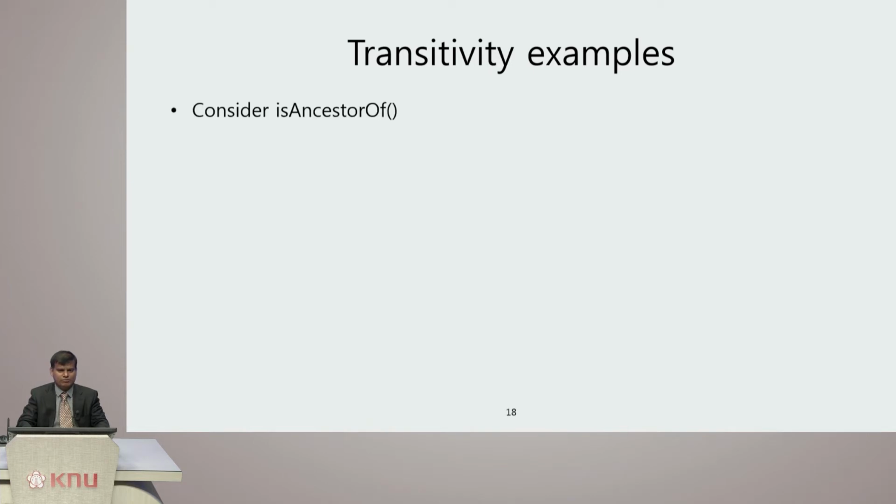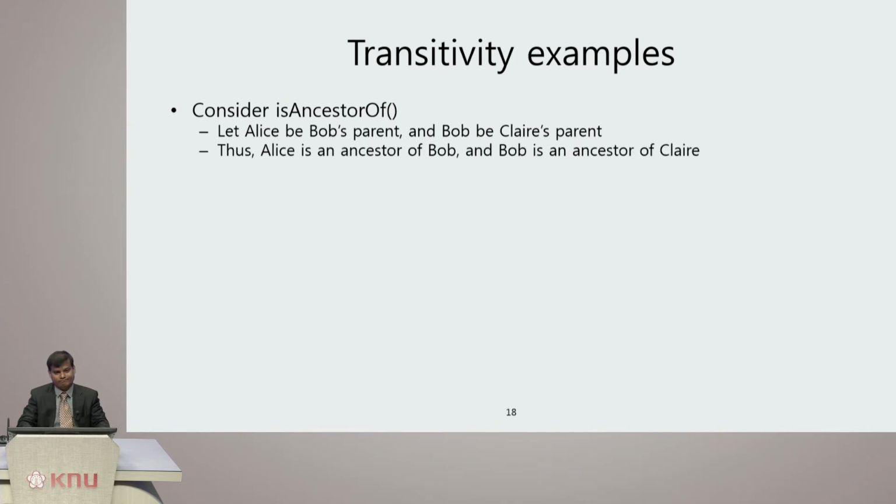Let's see this example here. Consider the is-ancestor-of function, and let Alice be Bob's parent and Bob be Claire's parent. Thus Alice is an ancestor of Bob and Bob is an ancestor of Claire. So Alice is an ancestor of Claire.